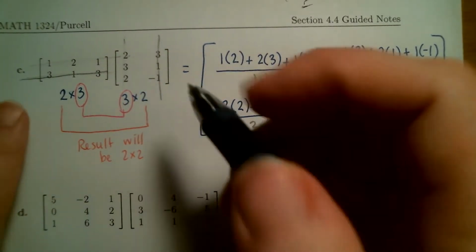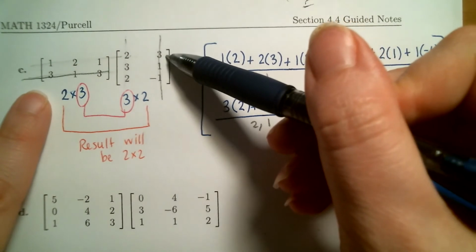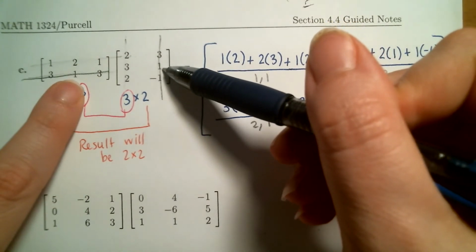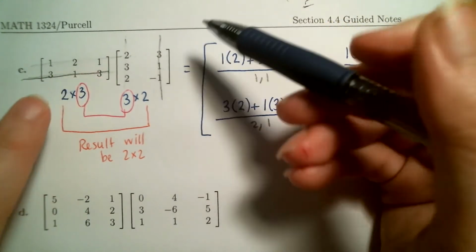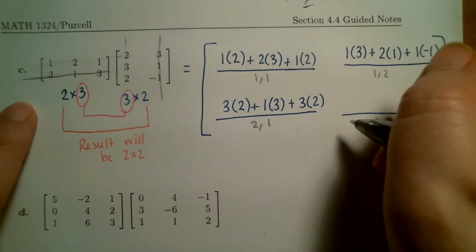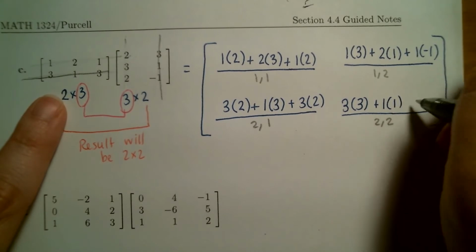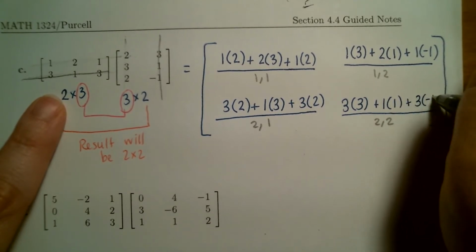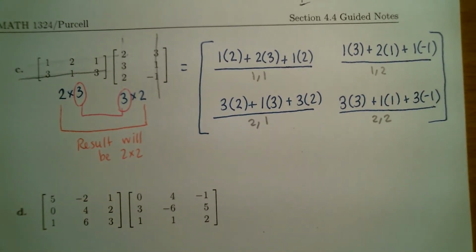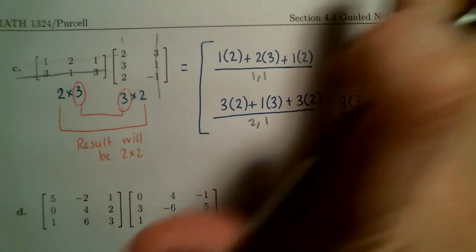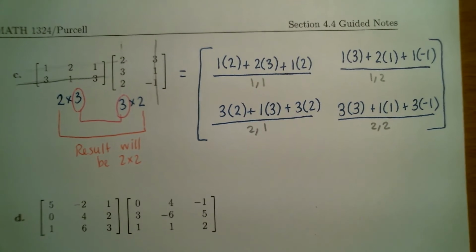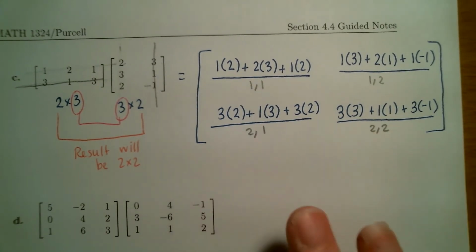So we're going to do 3 times 3 plus 1 times 1 plus 3 times negative 1. You're always adding corresponding elements and then adding them all up. Now we just need to simplify, but this is how you would put it together.